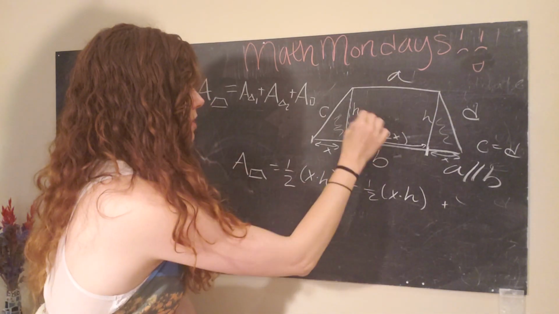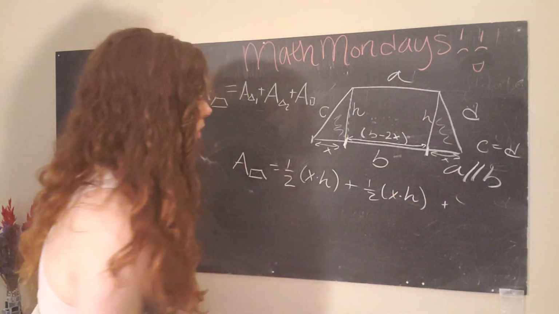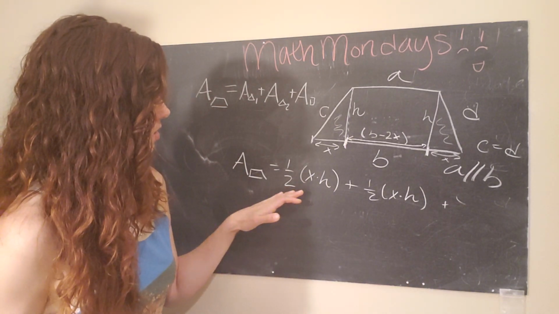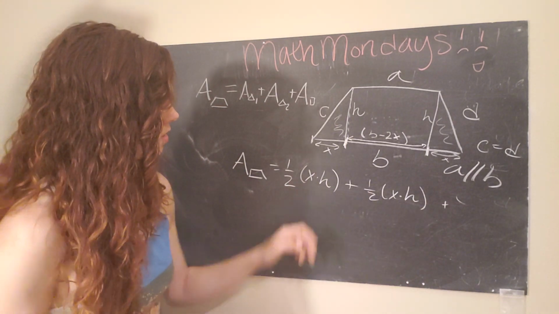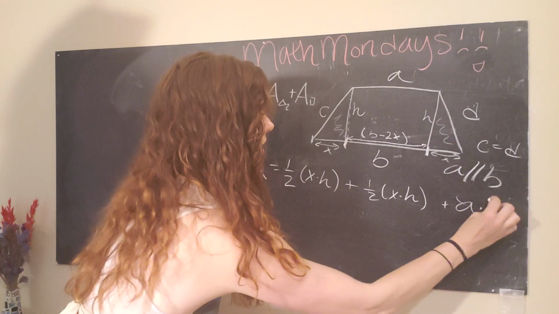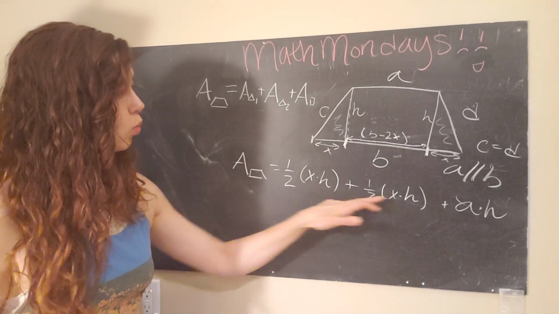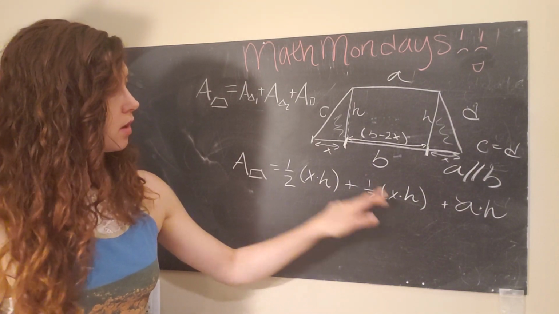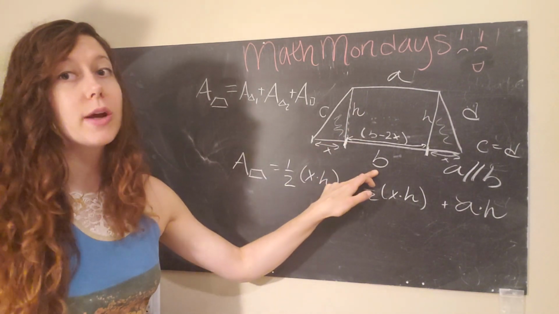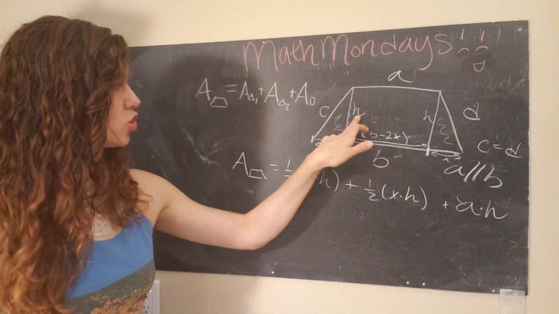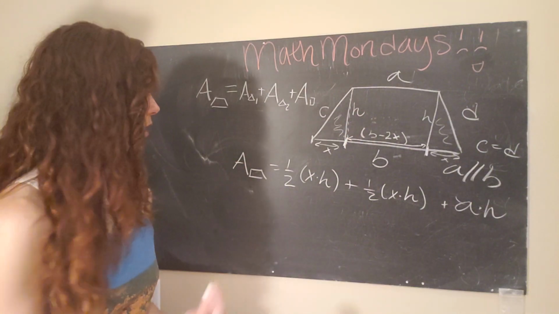Well, okay, we'll say plus A times H. Okay, so we don't know what X is. We want to get our equation in terms of A, B, and H. Let's just assume we're given H for now.